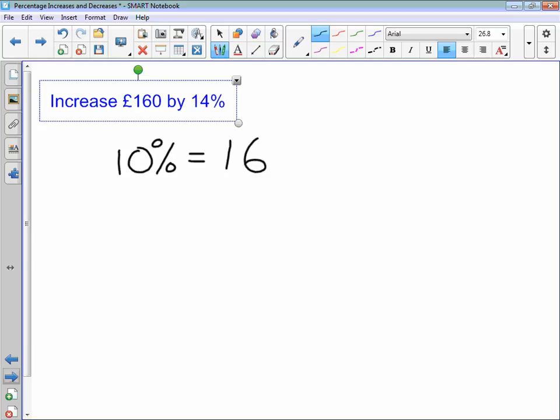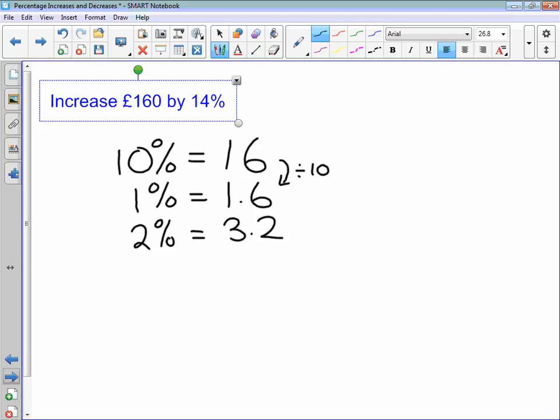I can work out 1% by dividing 10% by 10, and that will give me 1.6. I've got 1% and I want 4 more percent in addition to my 10%. So if I work out 2%, I can double this to get 3.2.